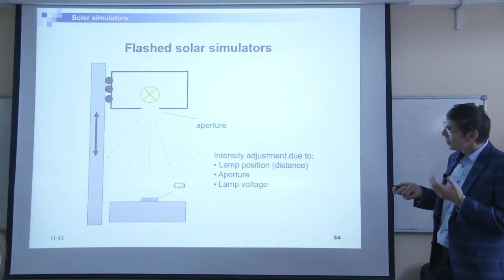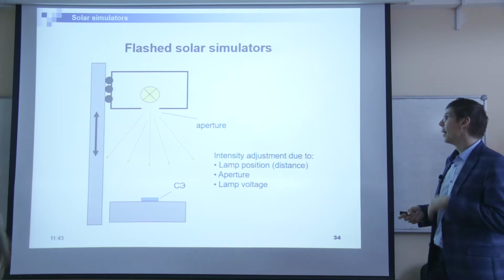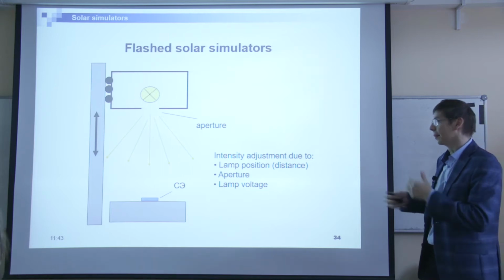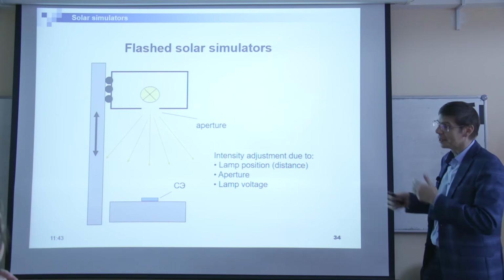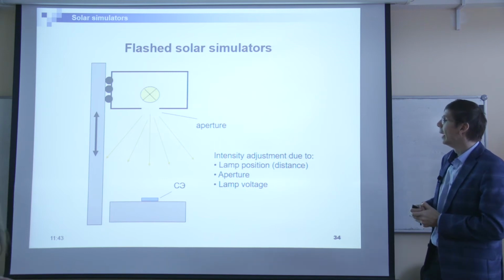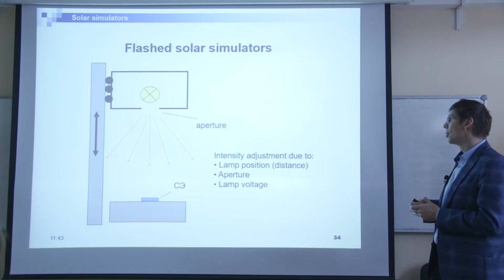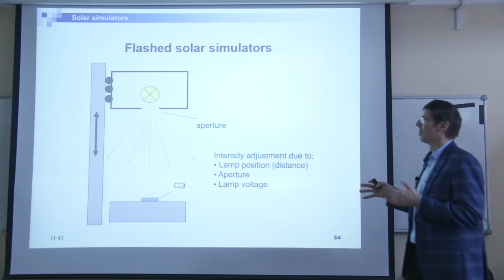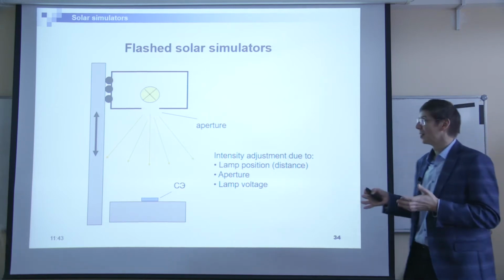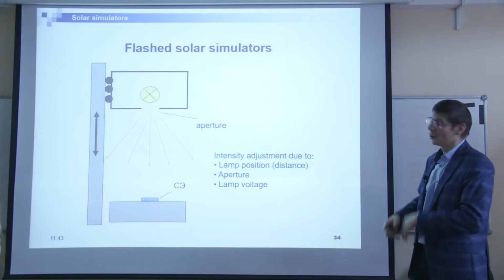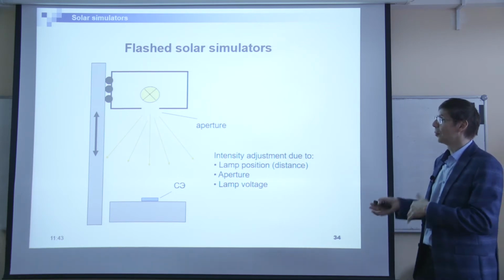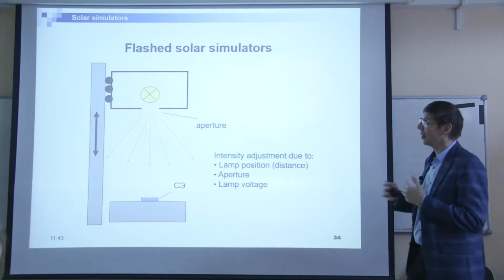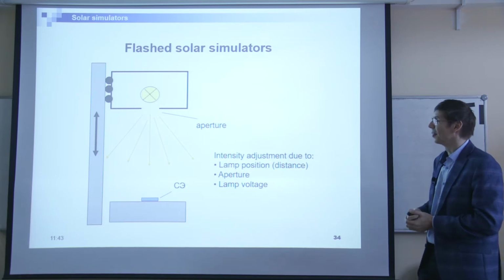So actually it doesn't matter, and there is actually a little bit another approach. You can change the intensity mainly due to the distance. You can change the aperture, but it's something you do when you create the system or produce great systems. There is another option to change the voltage of the lamp, but as I told you, the range of the variation is quite small, because if you use too low voltage, the spectrum would be different, and the lifetime of the lamps decreases.